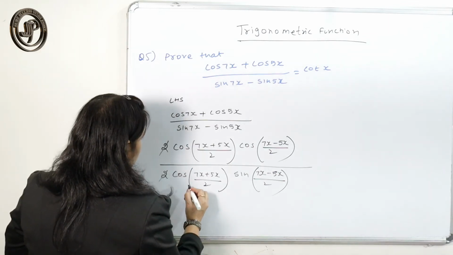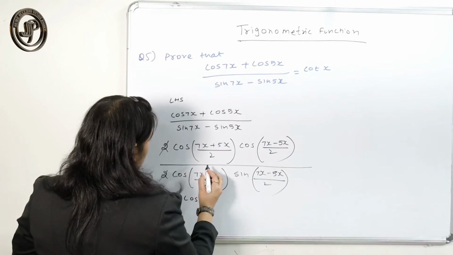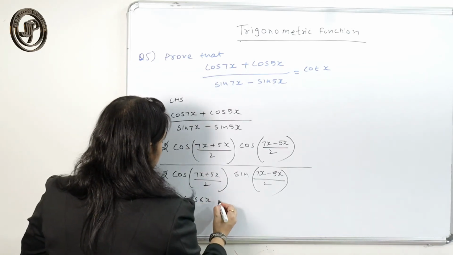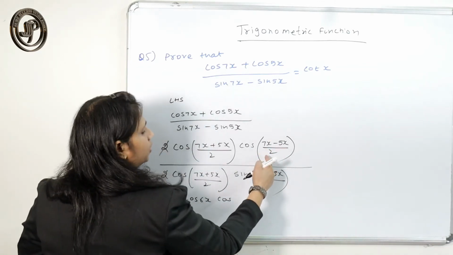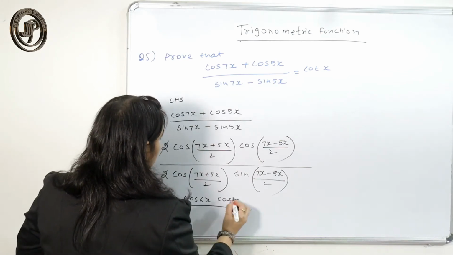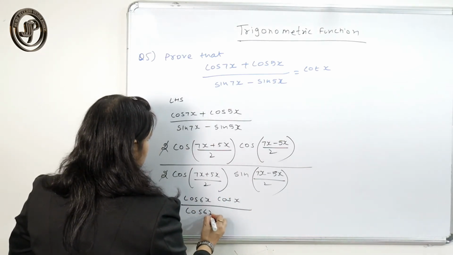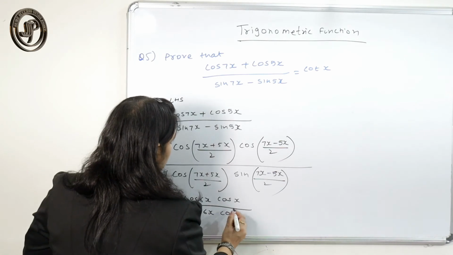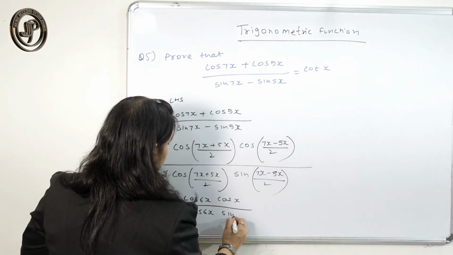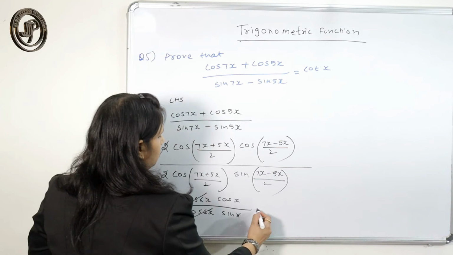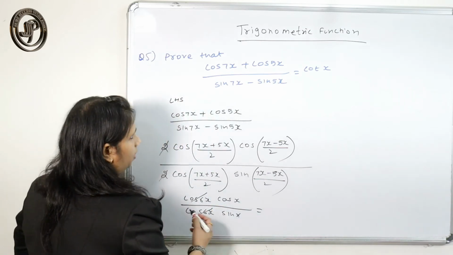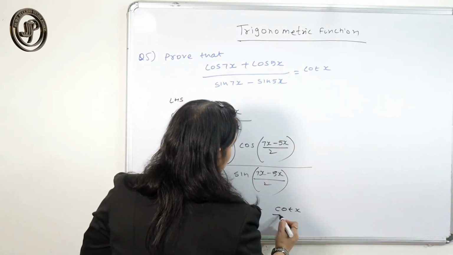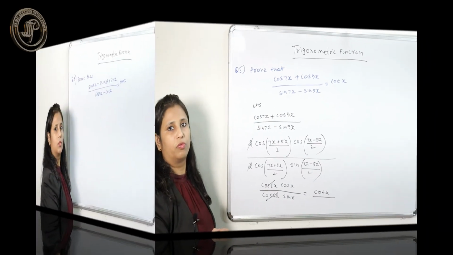So here you get cos 6x by 2, which is 3x, and sin x only. So this and this will cancel out, and you are left with cos x by sin x, which equals cot x, that you needed to prove.